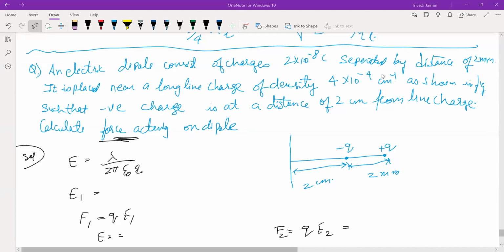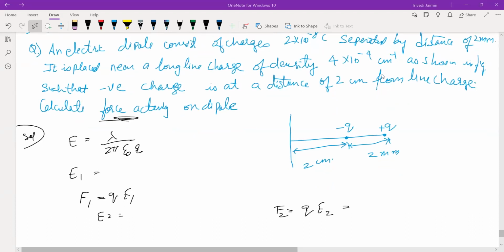So for E1, lambda value is 4 into 10 to power minus 4 centimeter inverse, divided by 0.02 distance, into 9 into 10 to power 9 into 2.